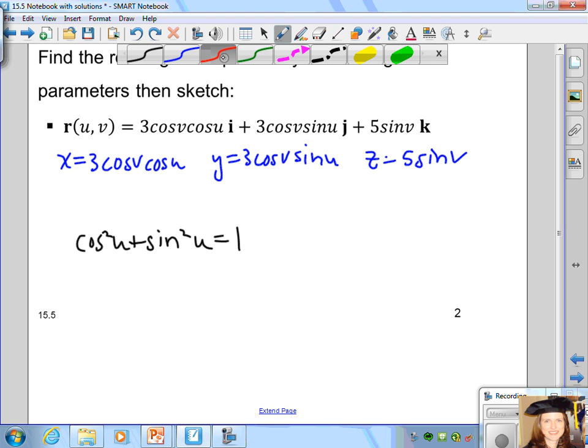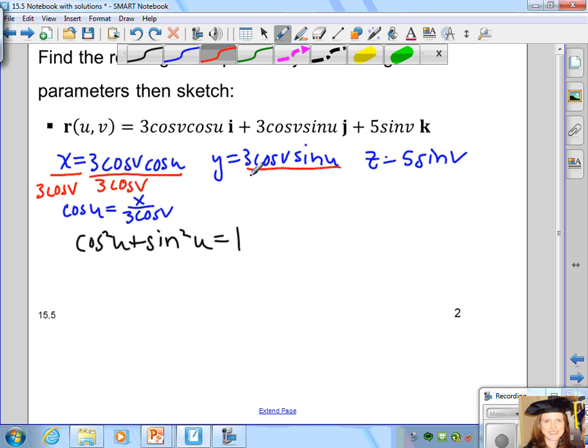So if you divide x equals 3 cosine v cosine u by 3 cosine v, then you can find that cosine u is equal to x divided by 3 cosine of v.